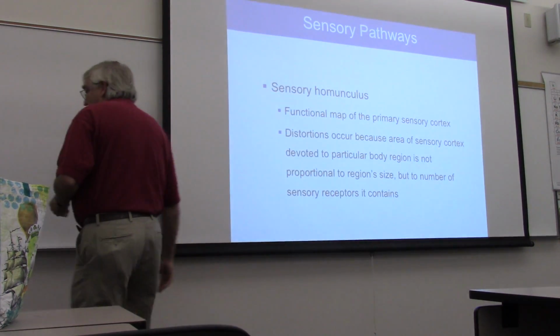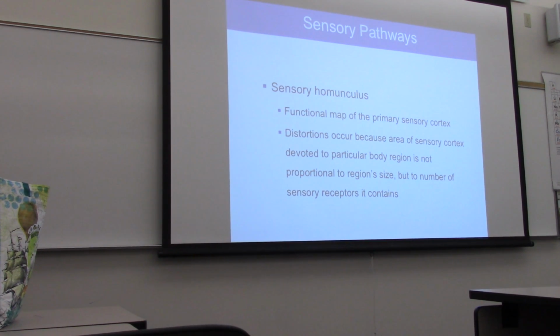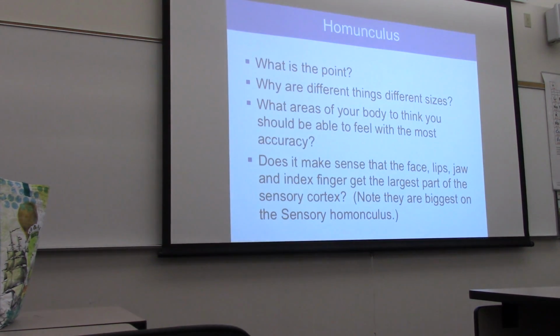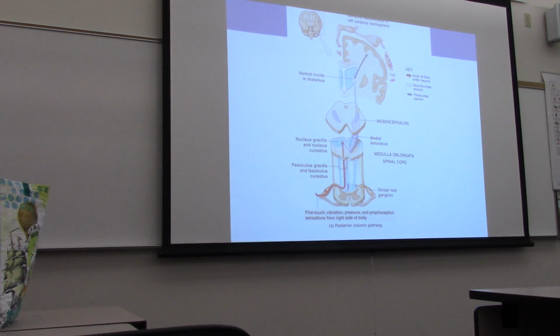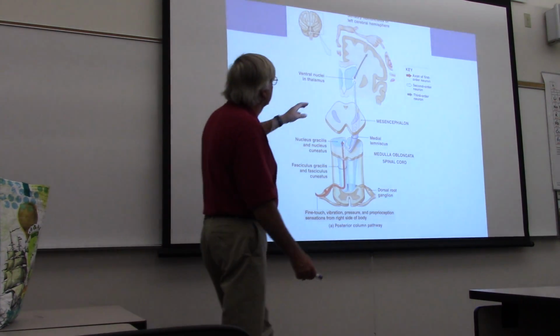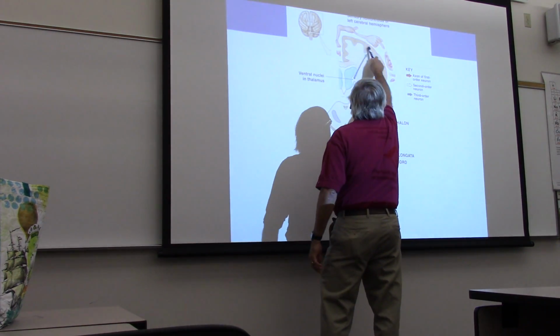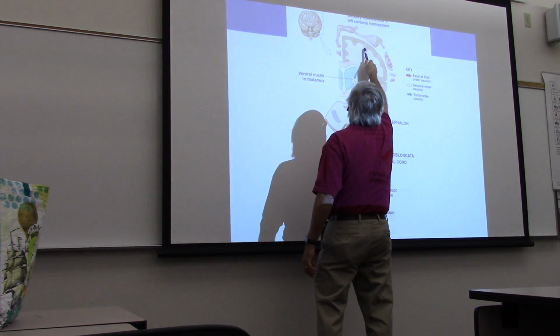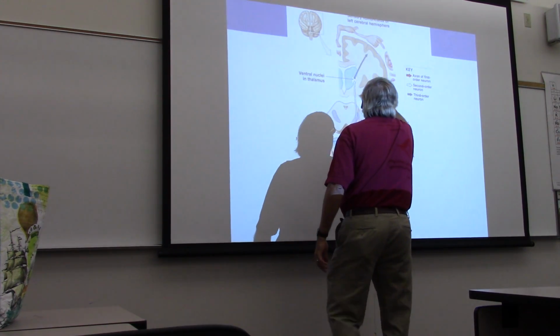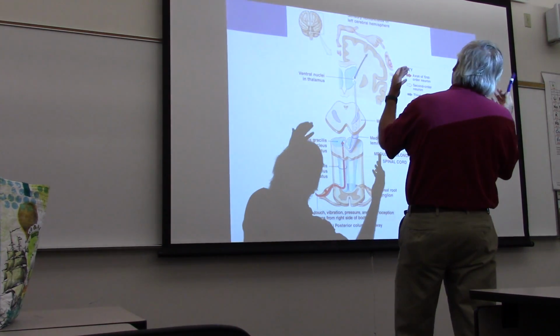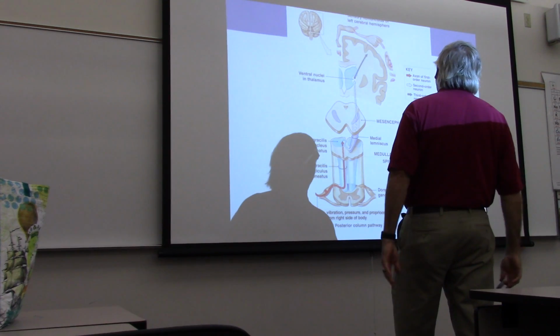Okay? So, these guys started working this out and tried to figure out, well, what does that really look like? If you take this as looking at the brain like that, with the precentral gyrus and postcentral gyrus, once again, sensory, then this is what the guy looks like.